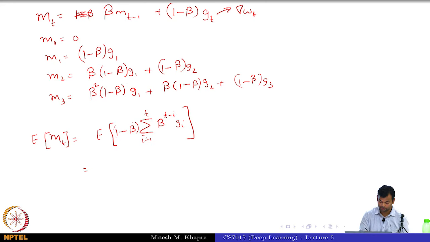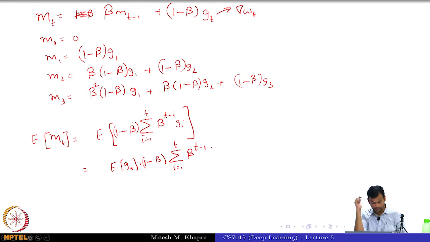Now this should be 1 minus beta. So now what is this? It's a GP.